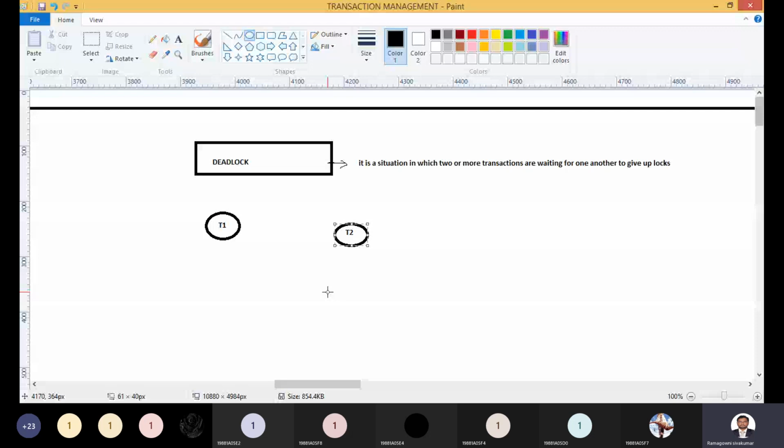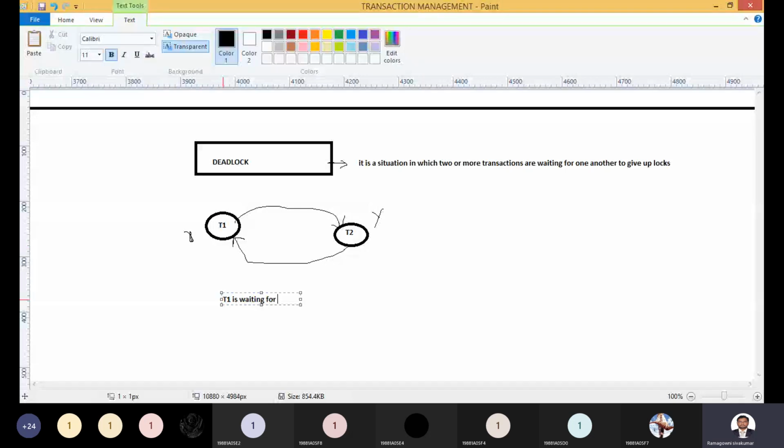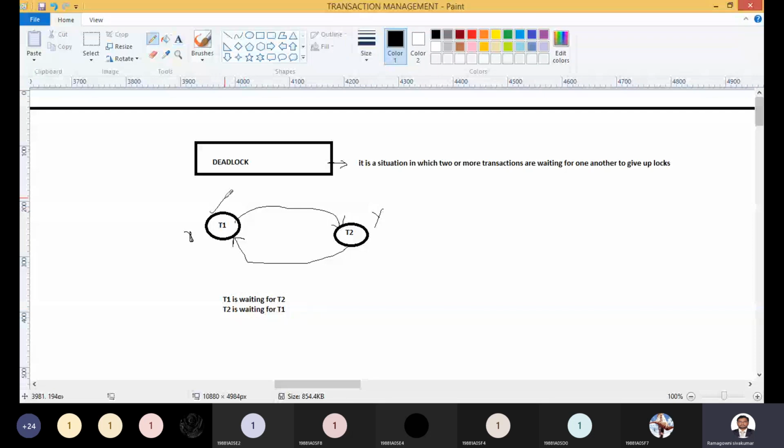Transaction T1 is holding X and waiting for Y, and T2 is holding Y and waiting for X. See here, we have two transactions, the T1 transaction and the T2 transaction.